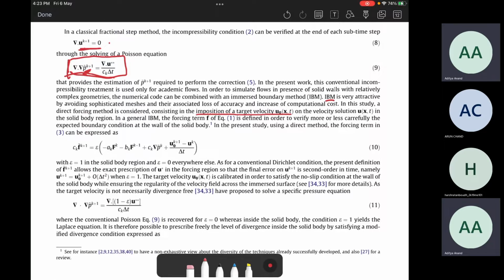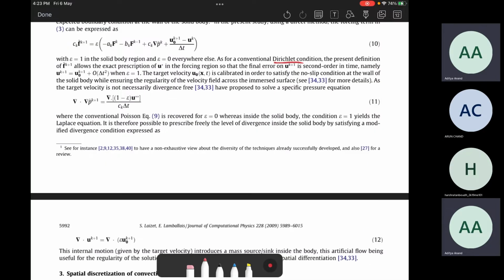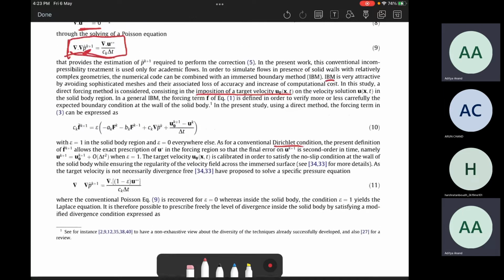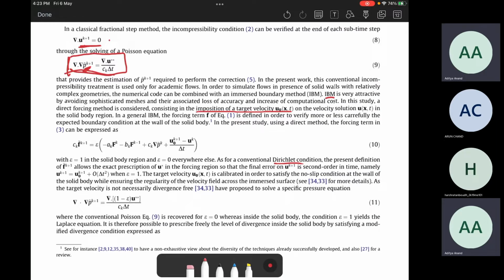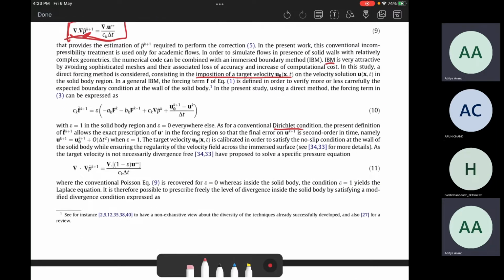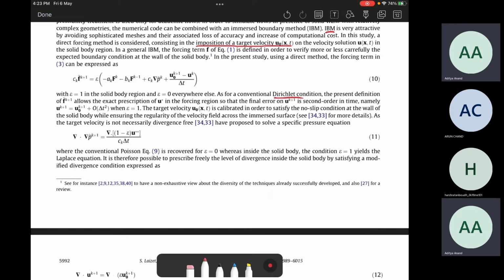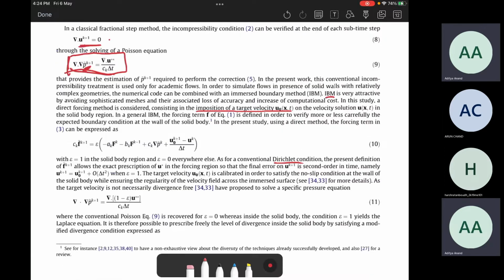Dirichlet is where you specify velocity at the boundaries, and Neumann is where you specify the velocity derivatives. And let's say you have a solid surface where there should be no penetration or no flow inside. For that they use forcing to specify the velocity as zero there.